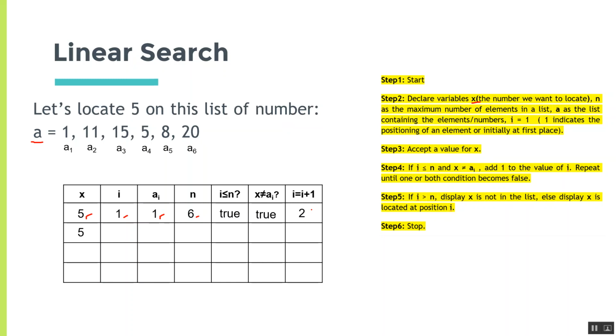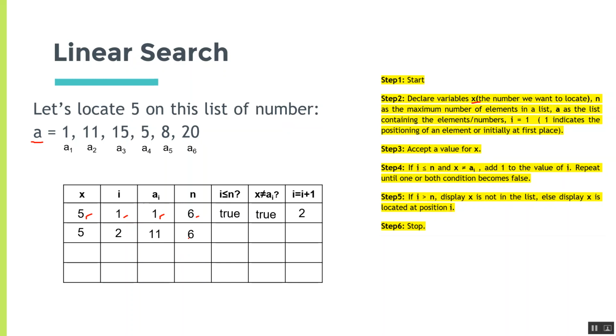So x is still equal to 5. i now is equal to 2. And then a sub i: we plug in 2 to the subscript of a, which is i. So a sub 2 is equal to 11. I'm just referring to this list. n is still 6; we still have 6 elements on our list. Then we check, is i, which is 2, less than or equal to n, which is 6?